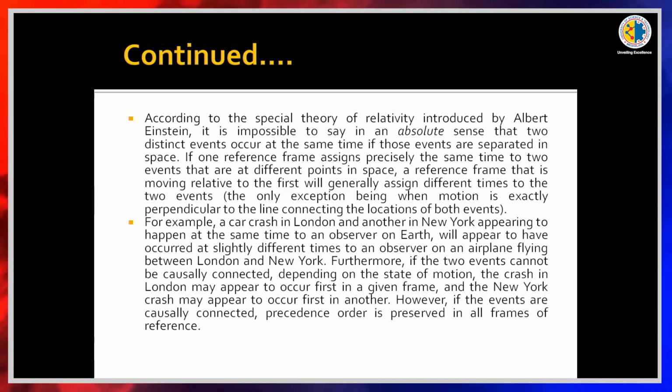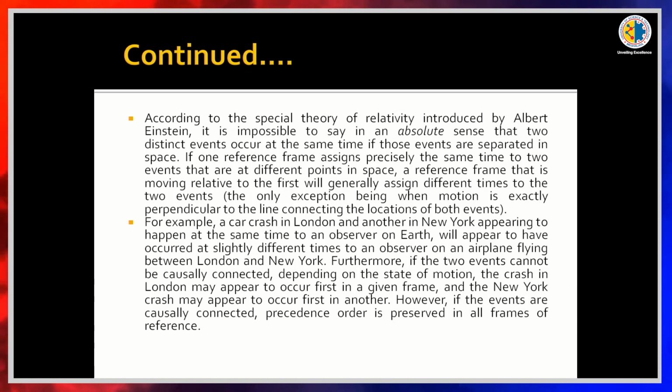For example, a car crash in London and another in New York appearing to happen at the same time to an observer on Earth will appear to have occurred at slightly different times to an observer on an airplane flying between London and New York.